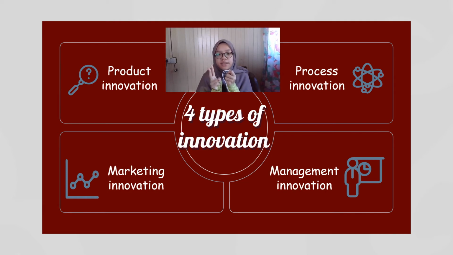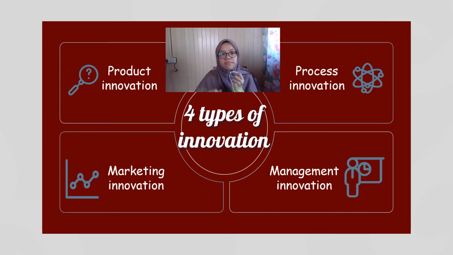For the second type, which is the process innovation, it will result in improved processes within the organization, for example, in operations, human resource management, or finance. This also focuses on improving the effectiveness and efficiency of a particular process.